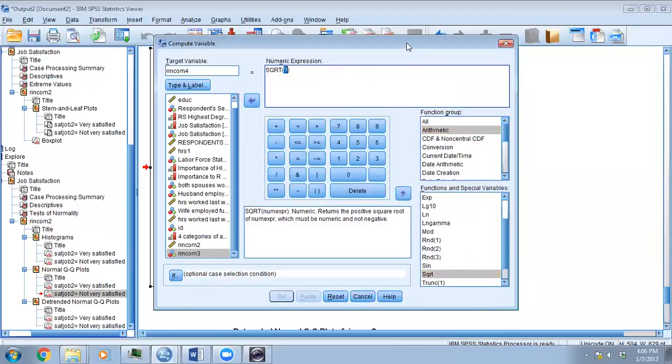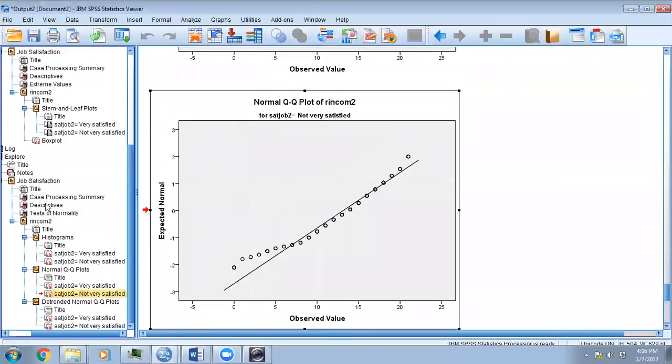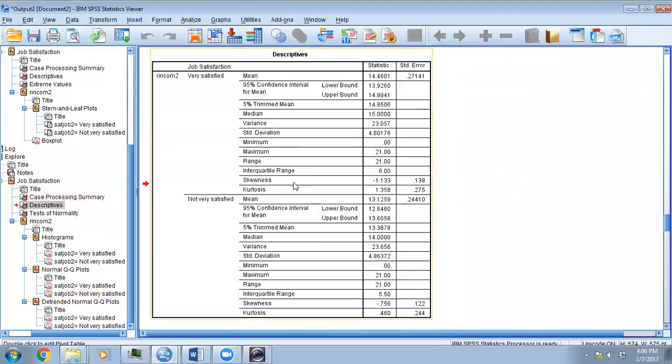Now, one thing is sure, the highest value: let's go to the case processing summary here. The maximum value here you see is 21. The maximum value here is also 21. So we know that the maximum of the two is again 21. That will be the value we use for our reflection here, and we're going to add 1 to it. So we're going to subtract all the values in the data set from 22.